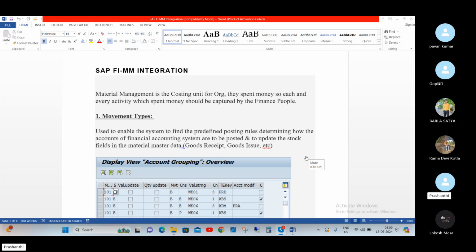Valuation class is the classification of the materials, meaning what kind of material we are using, whether it is raw material, semi-finished or finished. We assign this valuation class in the material master.